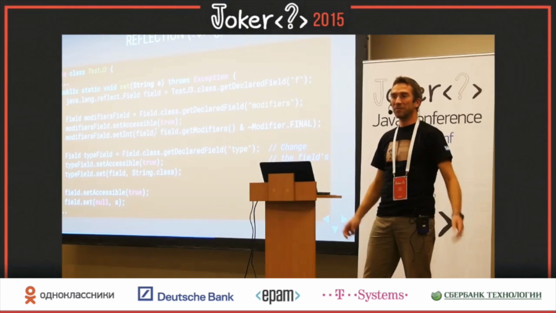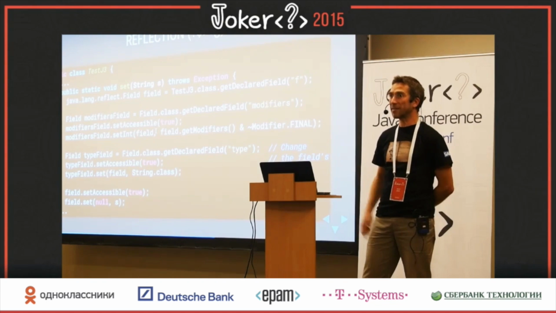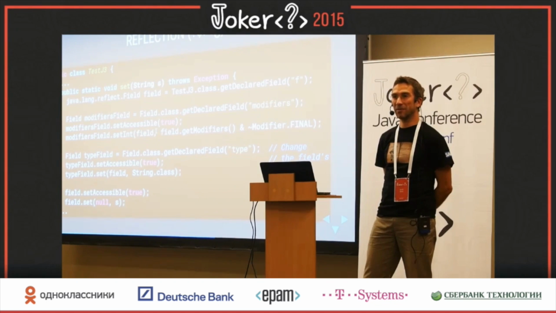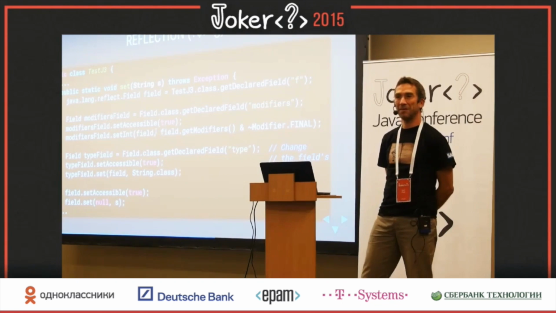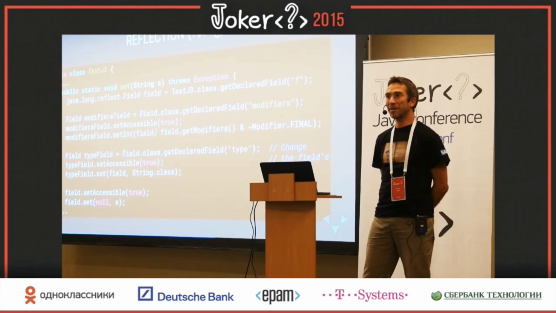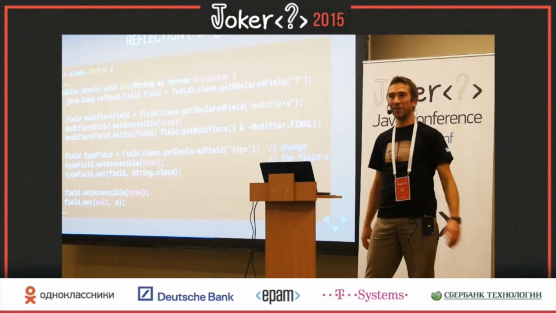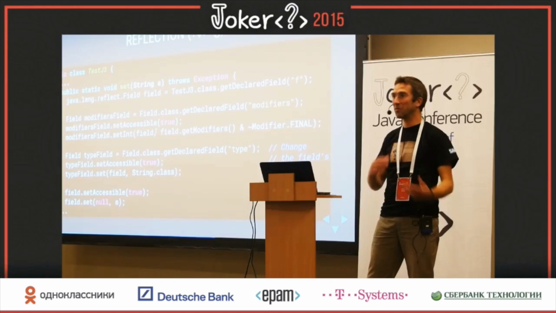So if they apply such tricks and it works, it doesn't mean that it will always work with every VM. So that's just a hack. I wouldn't do that. But sometimes I think programmers don't find another solution, so they do it like that. They just look at Stack Overflow, how can I change a final variable, and they find this code and then they use it.